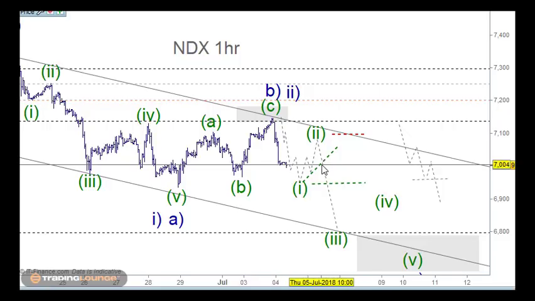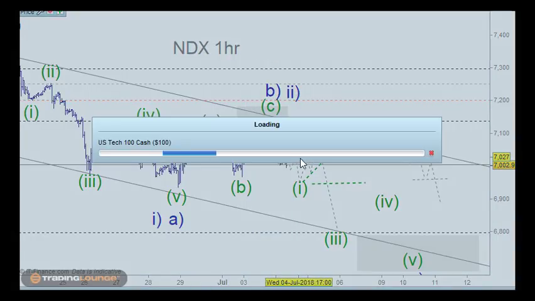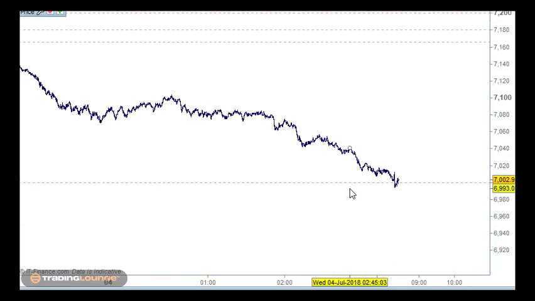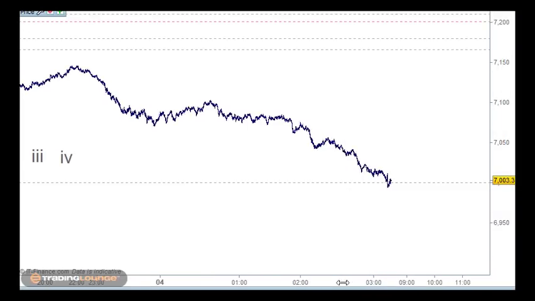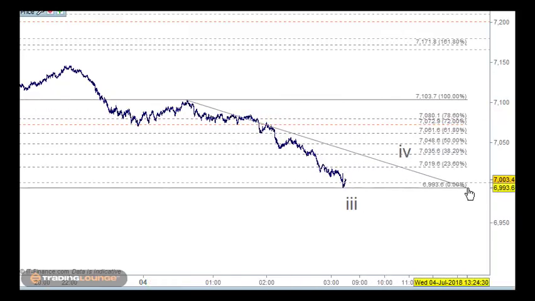But we'll pick this up and make this a little bit easier. I don't think I've done anything on the tick chart here for this, so nope. But I can see from here that we've got wave 1 here, wave 2 here, so we're looking for wave 3 low, which off 7,000 makes a lot of sense here, and then we'll look for wave 4 that will pull back 38.2% roughly, so pull back to here.